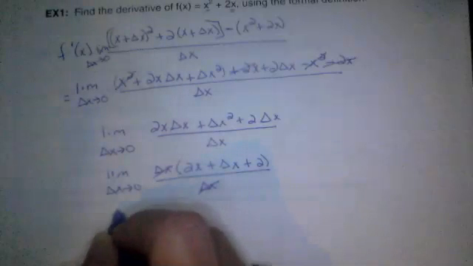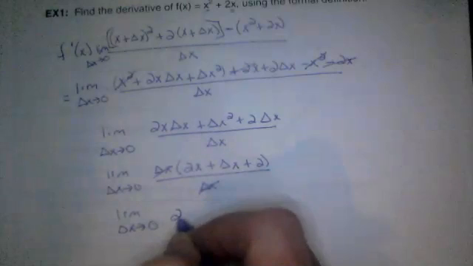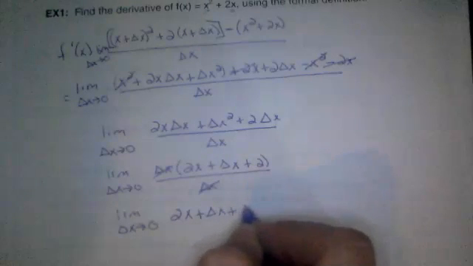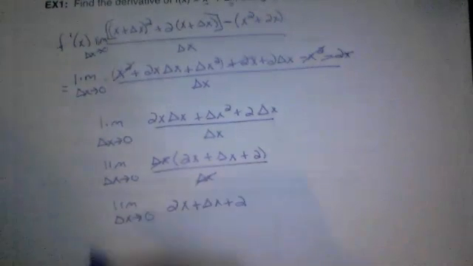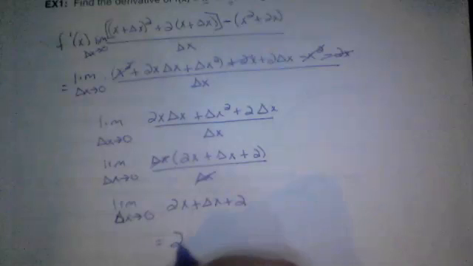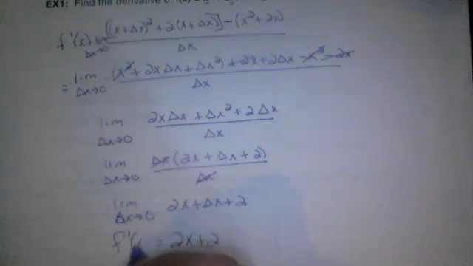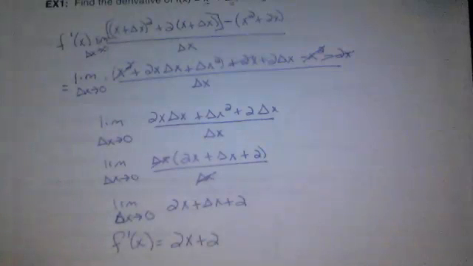And so now I have the limit as delta x approaches 0 of 2x plus delta x plus 2. And I can sub in my delta x because it's no longer in that denominator. And when I put in 0 for delta x, I just get 2x plus 2. So the derivative of this function is 2x plus 2.